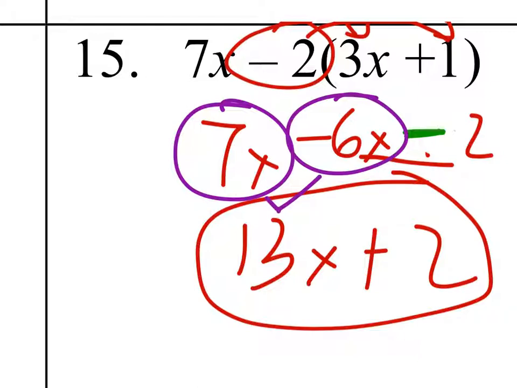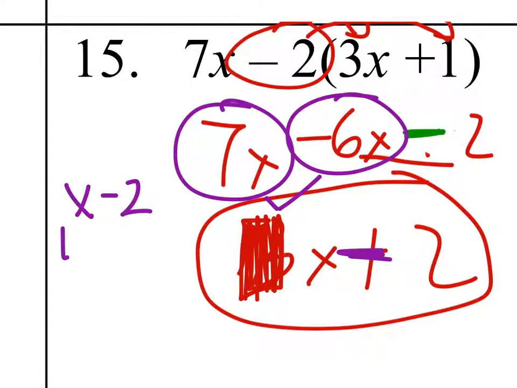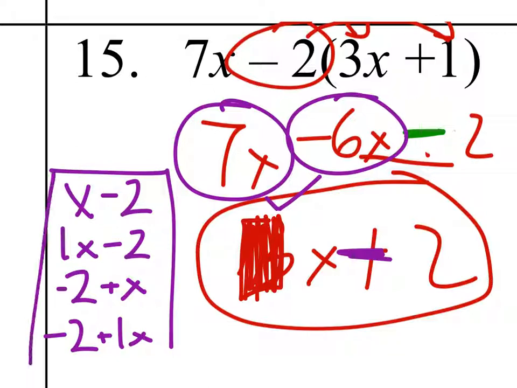How many turtles would you have left? You'd have 1 turtle left. So this right here would just be a 1x. And then of course we need to change this +2 to a -2, right? So the actual answer should have been either x minus 2, 1x minus 2. Maybe some of you guys like the 2 in front, so -2 plus x. Any of these would work. -2 plus 1x. That's okay as well.